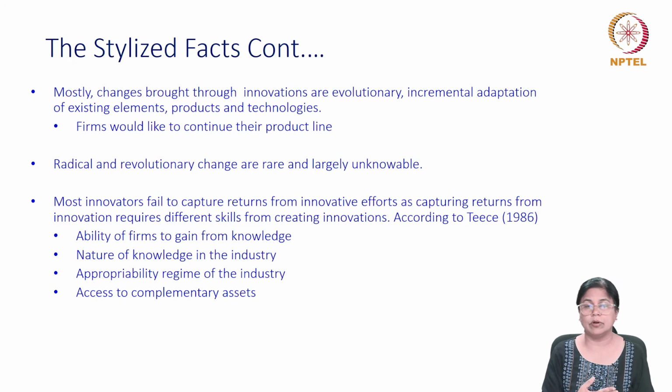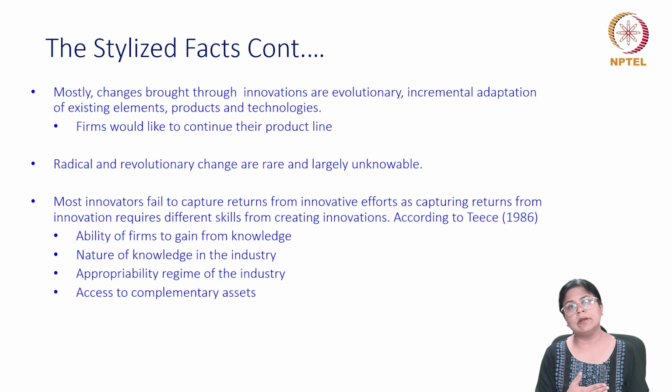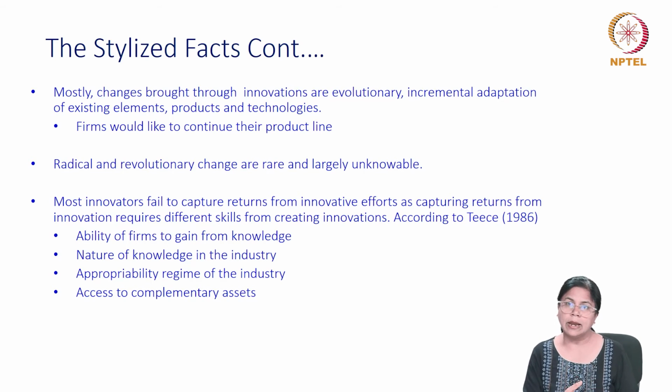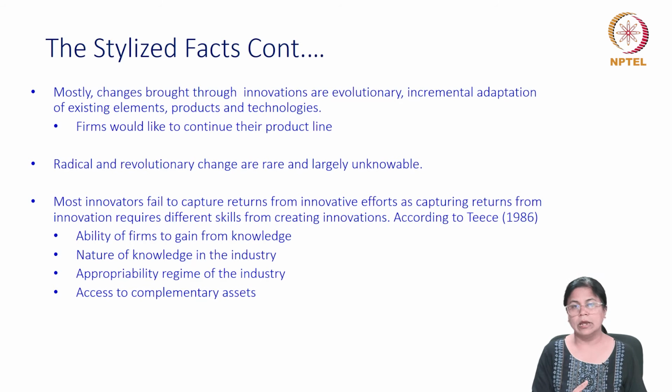And many a time what we will find is that not everyone has that kind of capability. At an individual level, one has to understand that coming up with an invention is one set, whereas mass production, marketing, and distribution of it would require a very different kind of skill set.